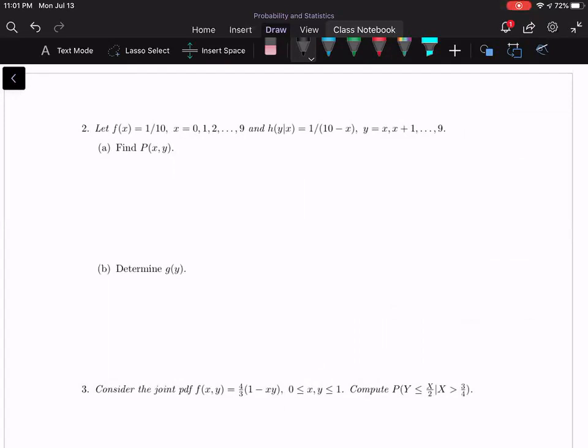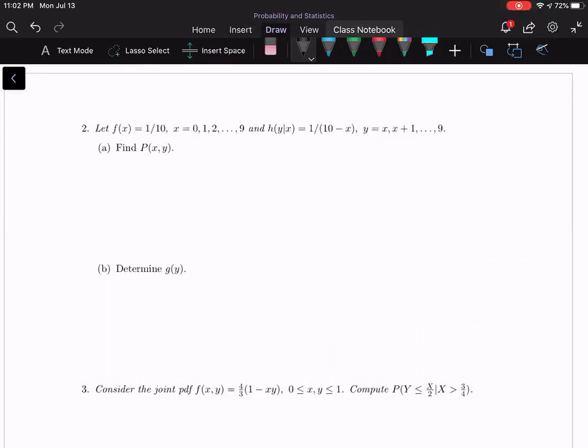And h of y given x is 1 over (10 minus x), where y is a function of x: y equals x plus 1, up through 9. So in other words, if x is 0, then y is 0 up through 9. If x is 4, then y is 4, 5, 6, 7, 8, 9, and so forth.